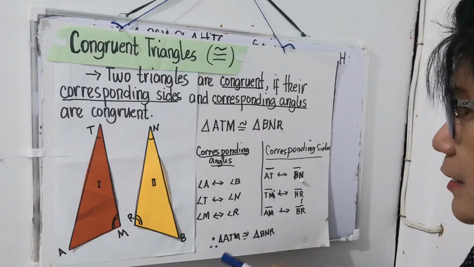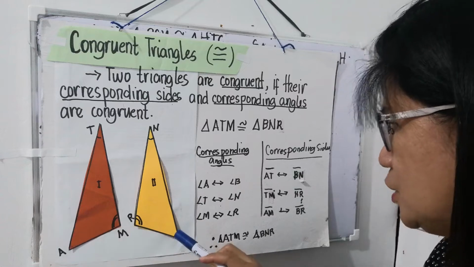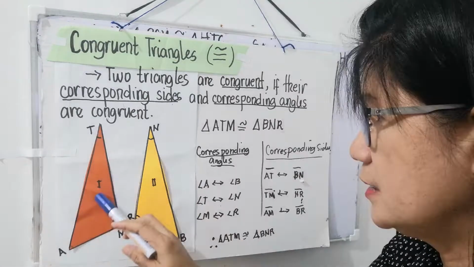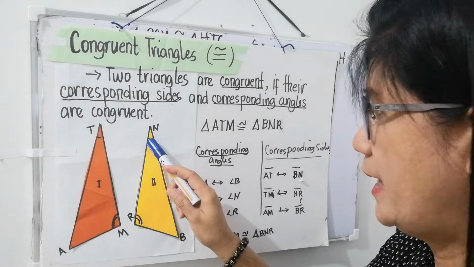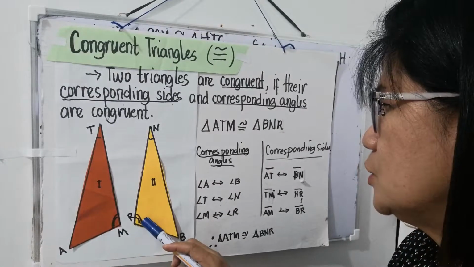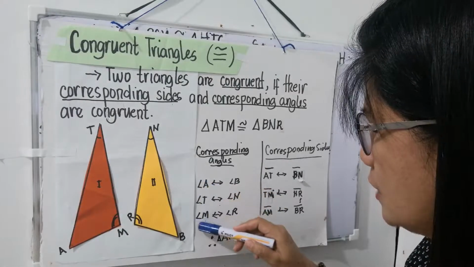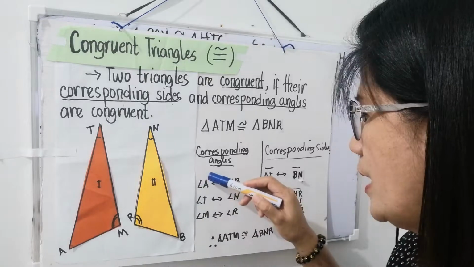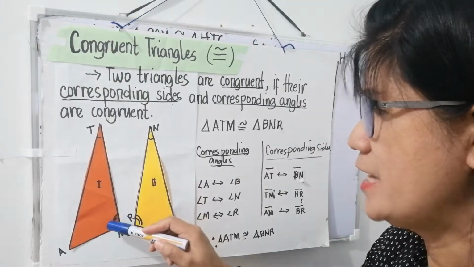So, ito na sila. Angle A corresponds to angle B. Then, dito tayo ulit sa triangle 1, angle T corresponds to angle N. Then, the last one is angle M corresponds to angle R. So, mapapansin ninyo, class, na dito sa unang column, lahat ng mga angles na to ay nanggaling sa triangle 1 or the triangle ATM.